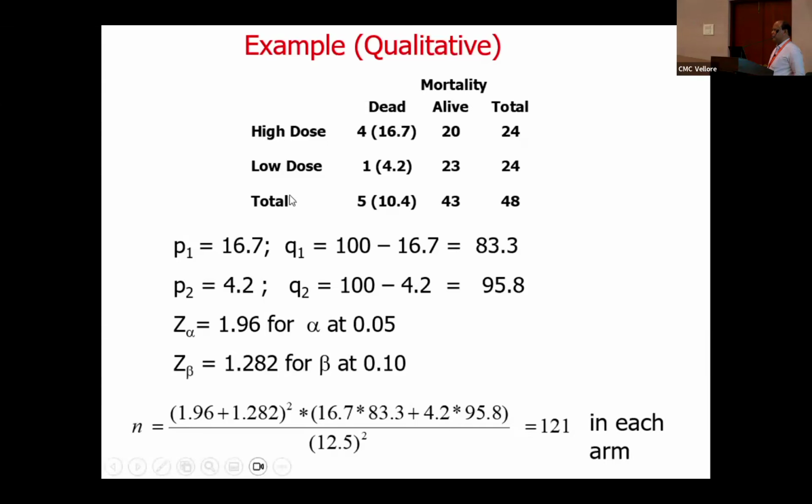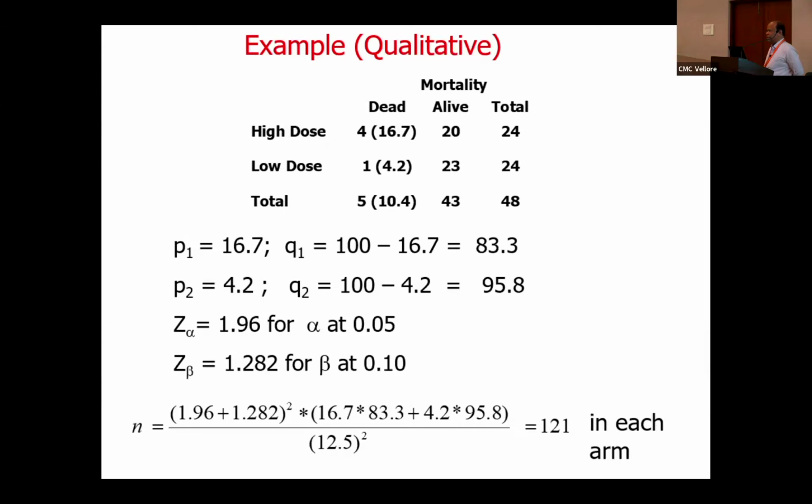The data was given to me in those days, and I was asked to calculate the sample size. 34 subjects, 24 subjects in each arm. So you calculate the sample size. It suggested that you need to have 121 subjects in each arm. Please remember, this is 121 in each arm. In those days, we used to get 45 organophosphorus poisoning patients per year in our hospital. So how many years would you need to do the study?